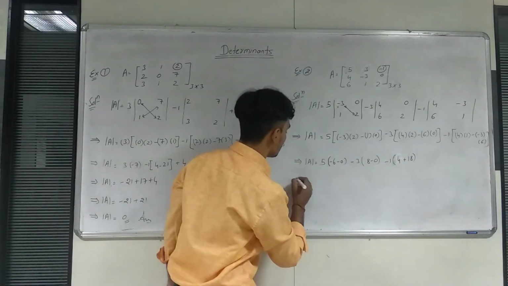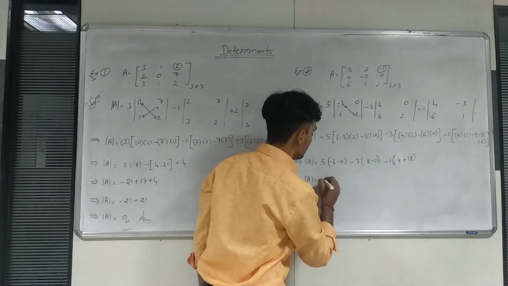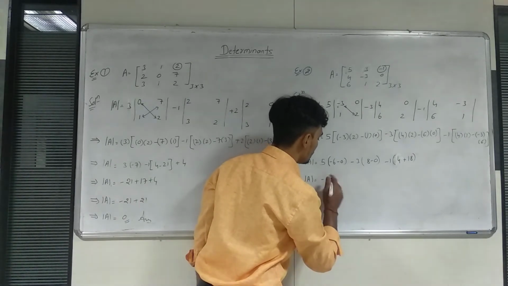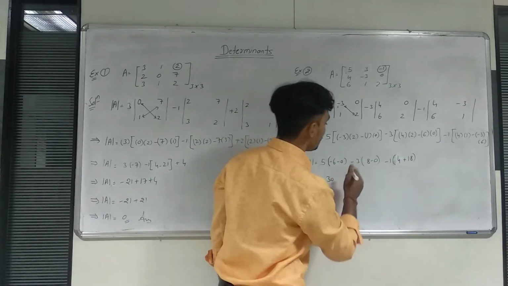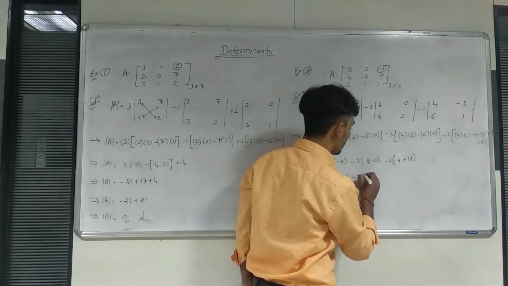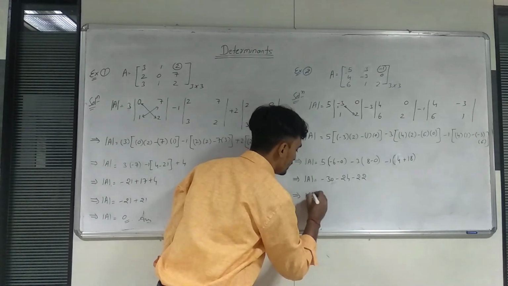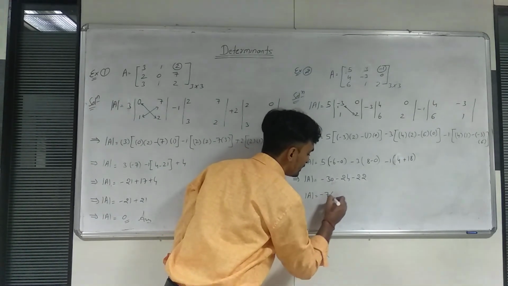So determinant of A equals minus 30 minus 24 minus 22. So determinant of A equal to minus 76.